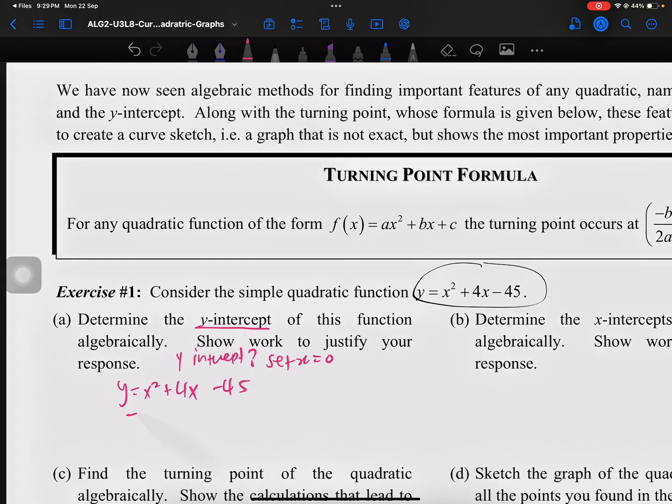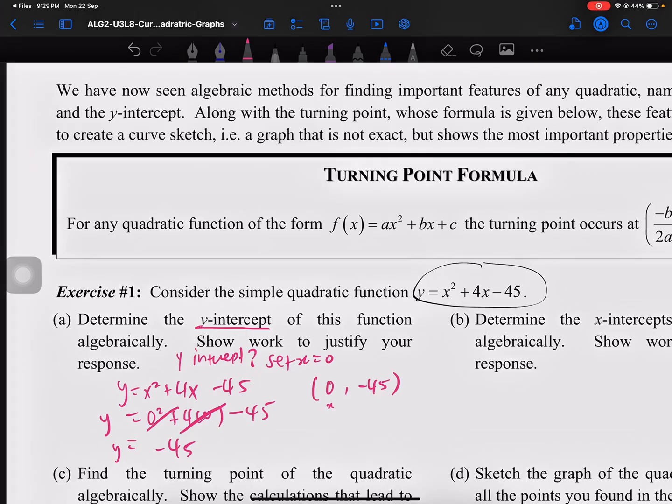So we set x to 0, then y is 0, minus 45. So the y-intercept is at (0, -45). Tip: you always need to plug in x equal to 0 for the y-intercept.